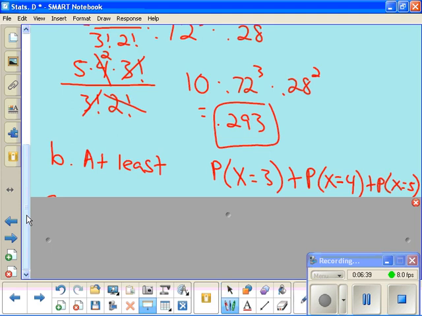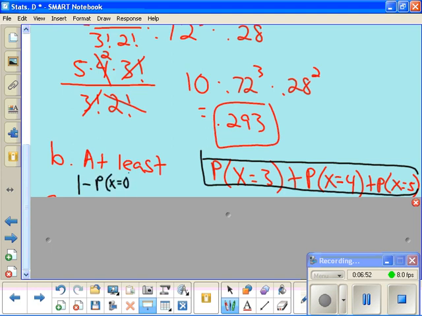We could find those 3 probabilities and add them up. Or we can go 1 minus 0, 1, and 2, because remember, probabilities have to add up to 1. So we could go 1 minus the probability of x equaling 0 plus the probability of x equaling 1 plus the probability of x equaling 2, which would be the same thing.